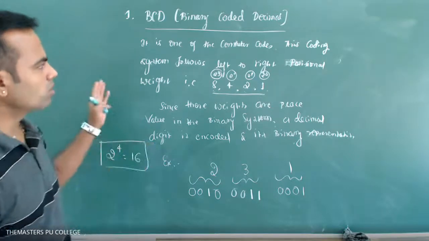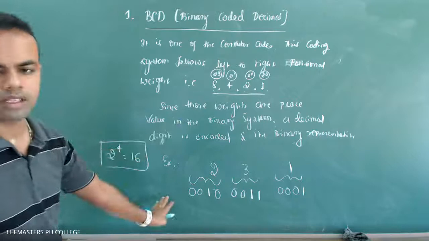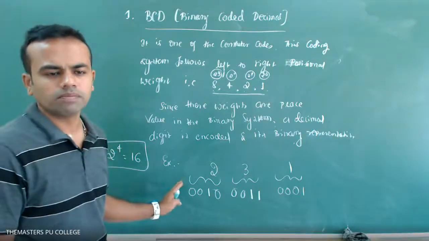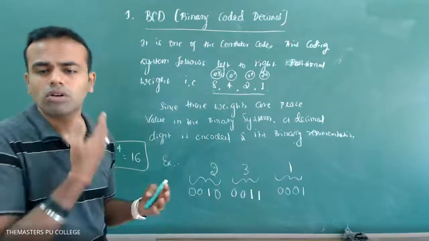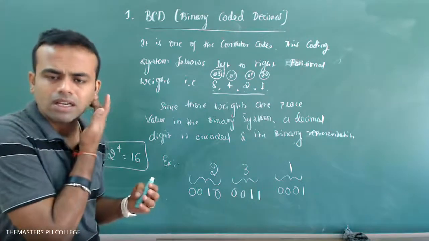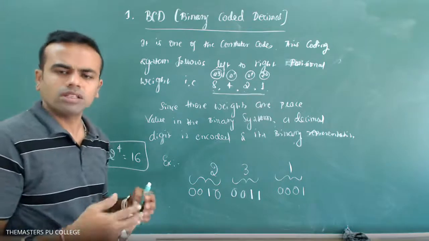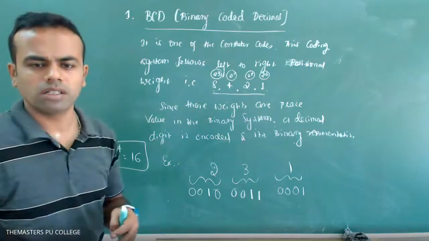So binary coded decimal can be represented like this. Is that clear everyone? This is also used to represent the data in the computer.